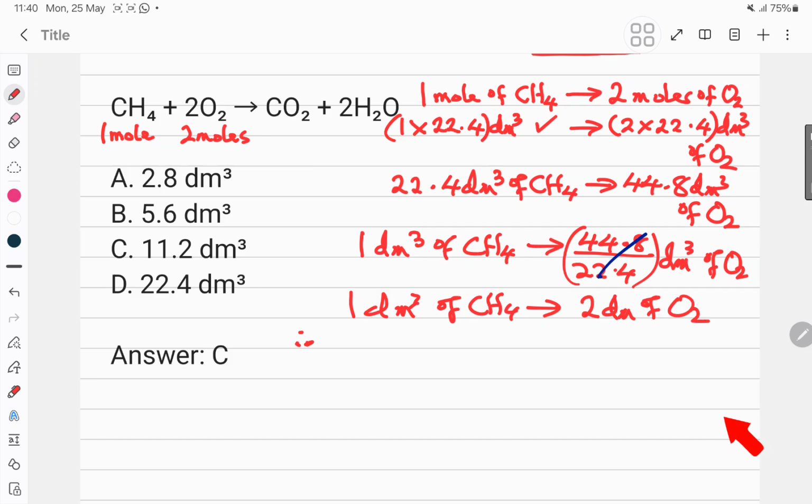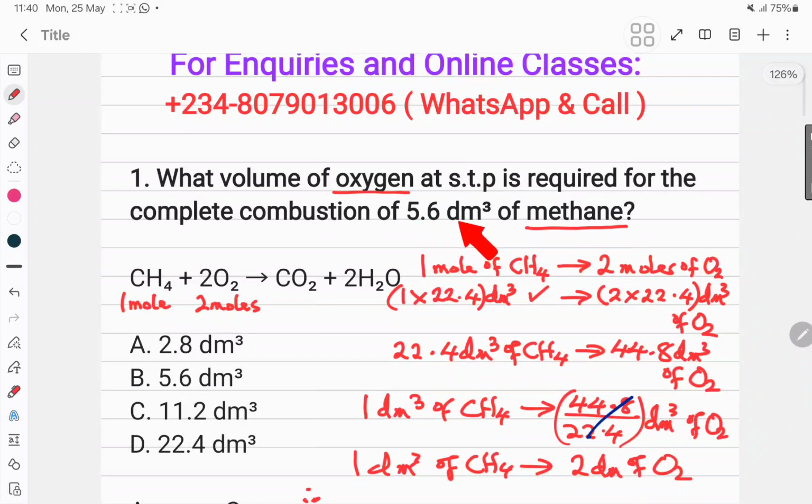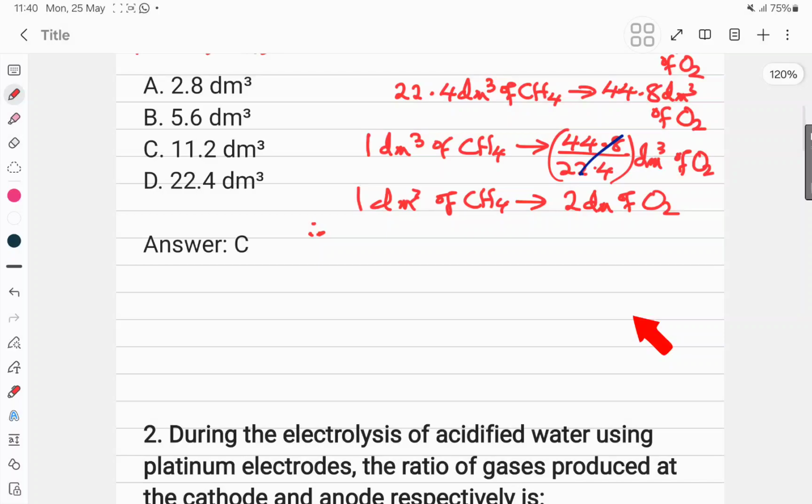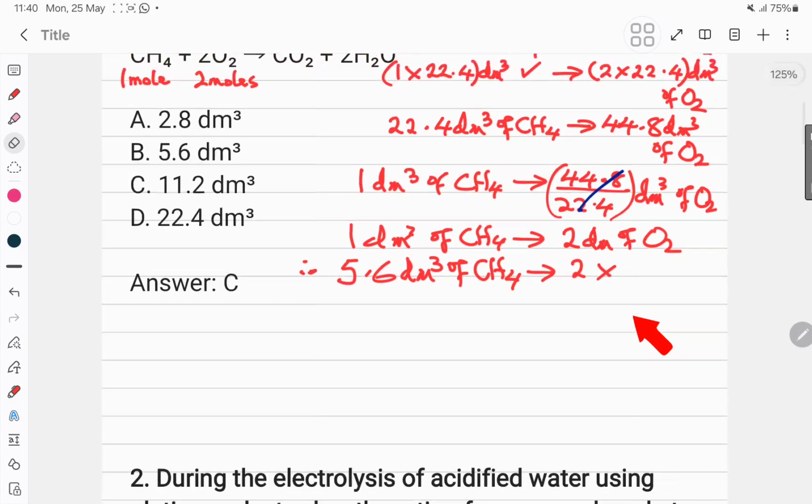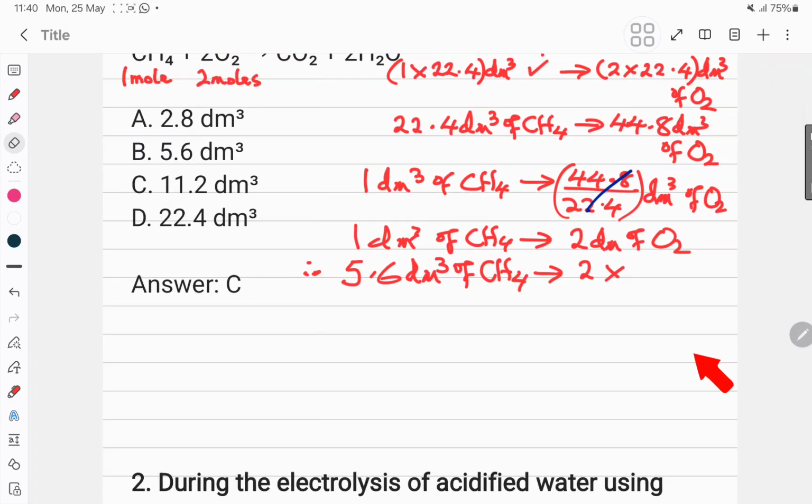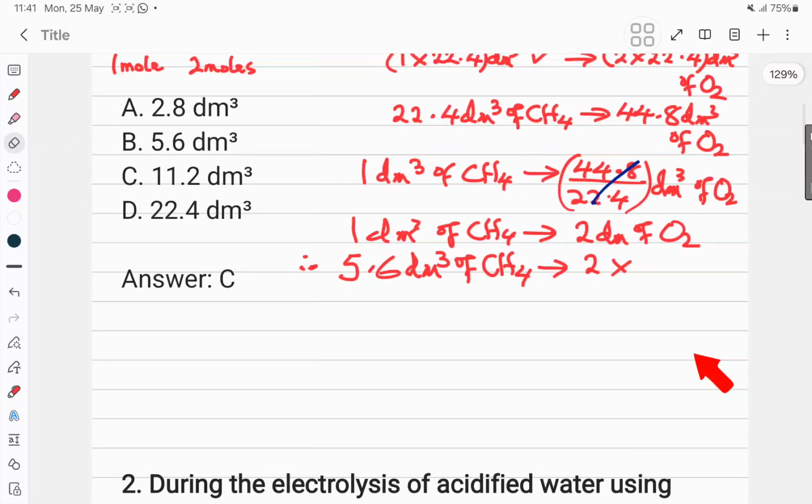Then finally, we go to the required volume. The required volume in question, the volume put into the reaction, is 5.6. So 5.6 dm cube of methane will require 2 times 5.6 dm cube of oxygen.